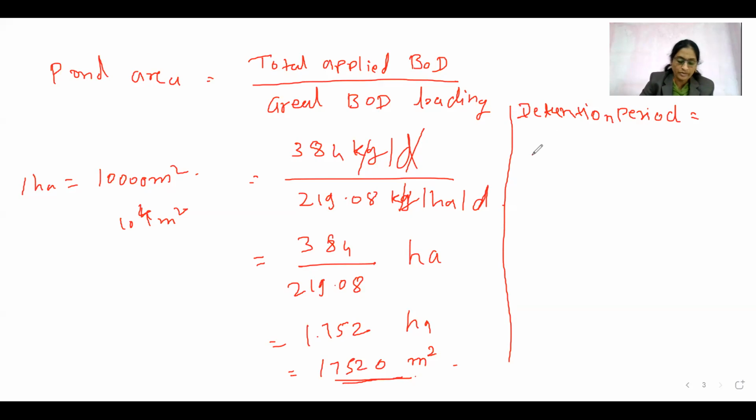Now I will go back to our whiteboard and we'll see the detention period. May I write the formula? Who will help me write the formula?